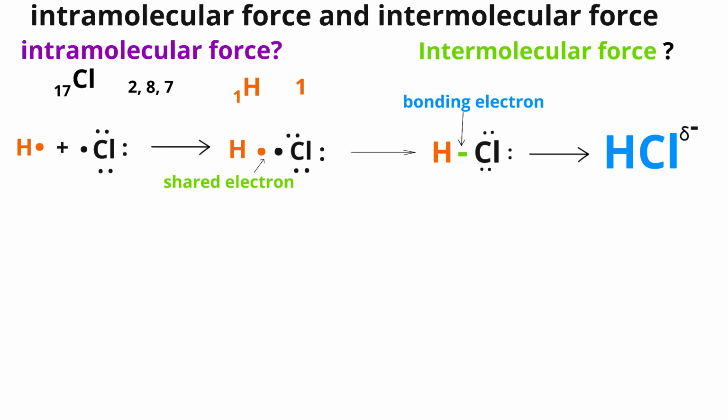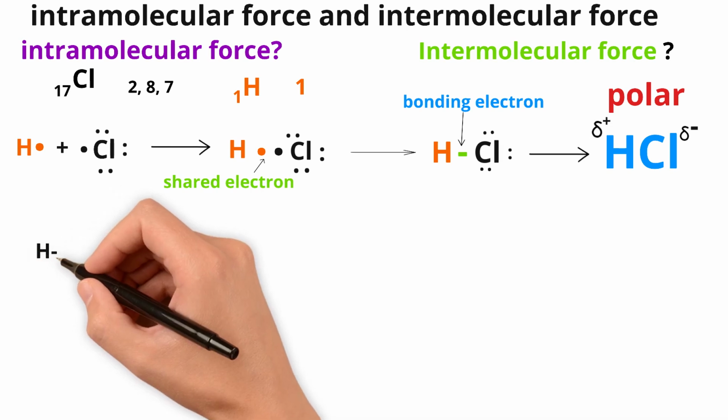Because of this, chlorine carries a partial negative charge, but hydrogen carries a partial positive charge, because the bonding electrons formed between hydrogen and chlorine move towards the nucleus of chlorine, since chlorine attracts this bonding electron toward its nucleus because it has a higher electronegativity value than hydrogen. Therefore, HCl is a polar molecule.